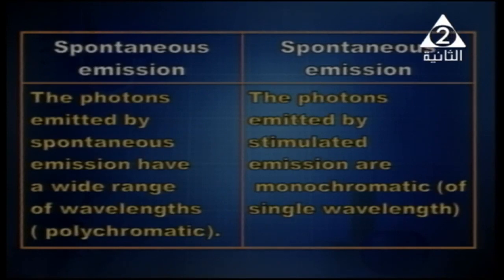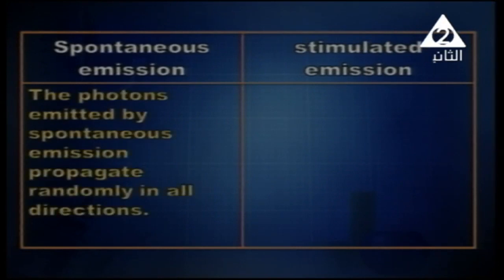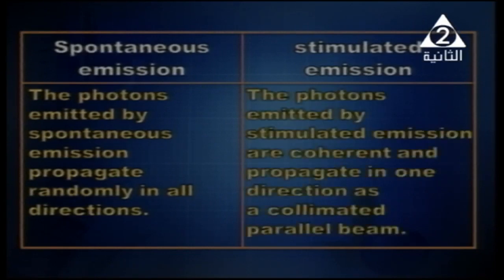They are monochromatic. The photons emitted by spontaneous emission propagate randomly in all directions. Photons emitted by stimulated emission are coherent and propagate in one direction as a collimated parallel beam.